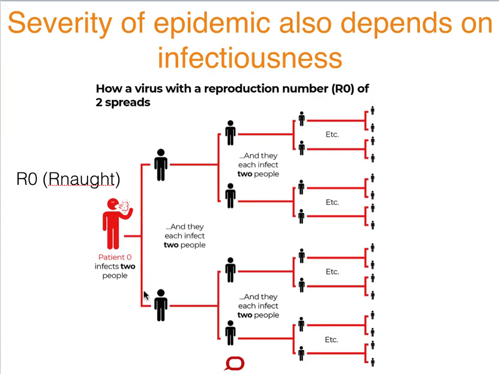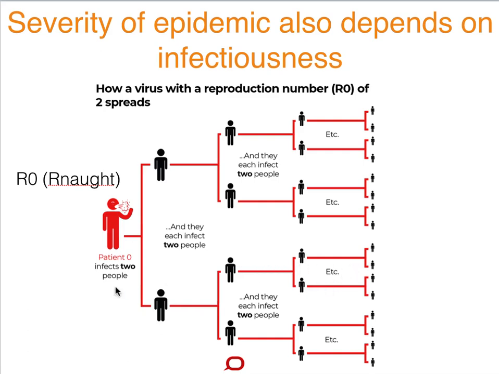Well, the severity of the epidemic also depends on the infectiousness of a virus, and how a virus spreads is defined by its reproduction number, or R0. So if the R0 is 2, it means that every infected person can infect 2 new people, and then you get a rapid spread of the infection.